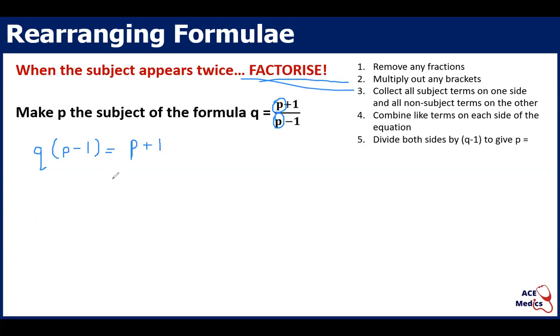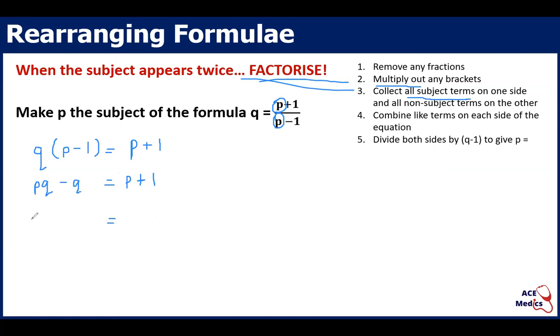Okay. We then want to expand out our brackets. So we'll have PQ minus Q equals P plus 1. Okay. So we've removed the fractions, we've multiplied out the brackets. We then need to collect all the subject terms on one side. So we want all the P's on one side.